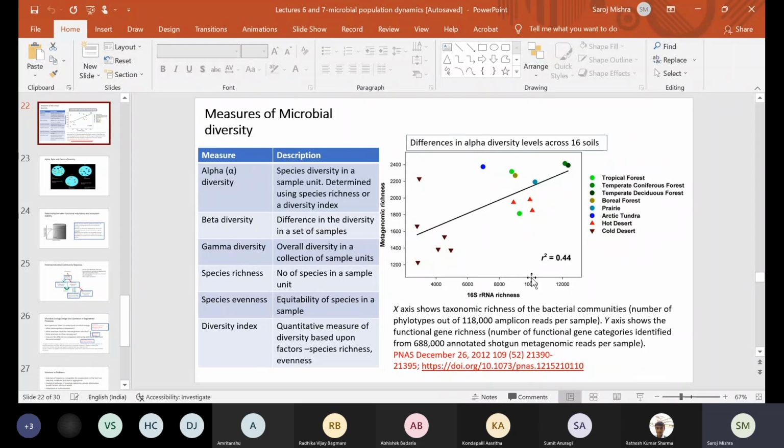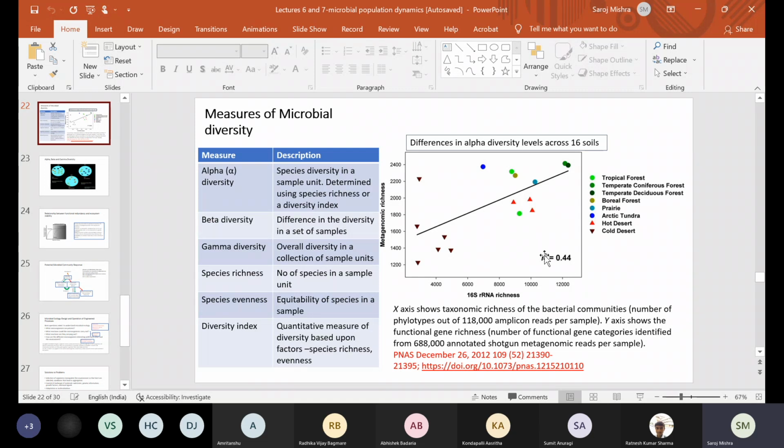But the point being made here, and which needs to be noticed, is that if you look at extreme environments like the cold desert or the hot deserts, the species richness is not as high as it is in, for example, the temperate deciduous forest or the temperate coniferous forest, and so on. In other words, extremes of conditions do not allow for too much microbial diversity to occur. It's only in the temperate areas that you see species richness.